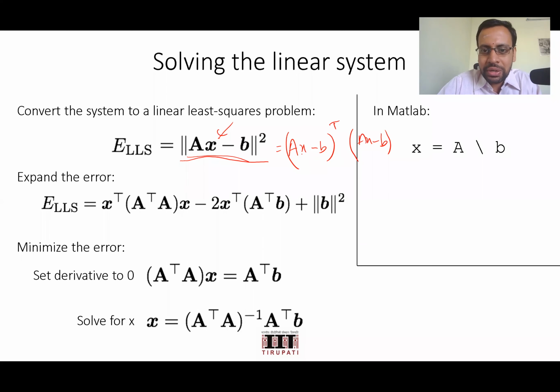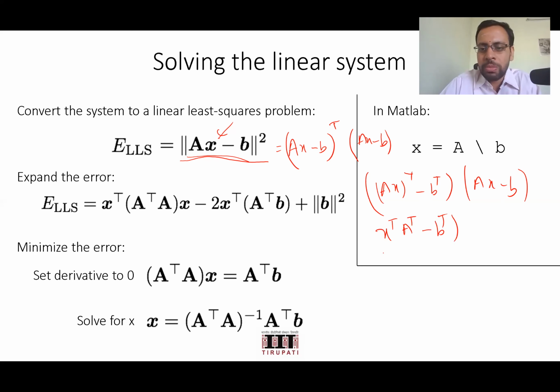So that's equivalent to (Ax) whole transpose minus b transpose, multiplied with (Ax - b). And this is equal to (x transpose A transpose - b transpose) multiplied with (Ax - b).